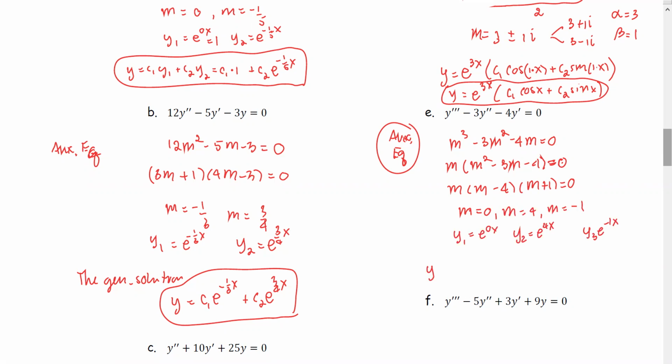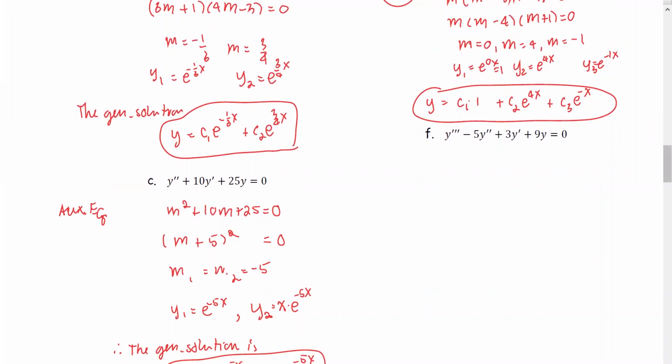So the general solution y is c1, actually, e to the 0x is just 1. So c1 times 1 plus c2 times e to the 4x plus c3 times e to the negative x as a general solution for this example.